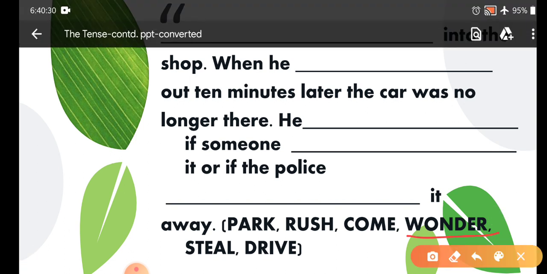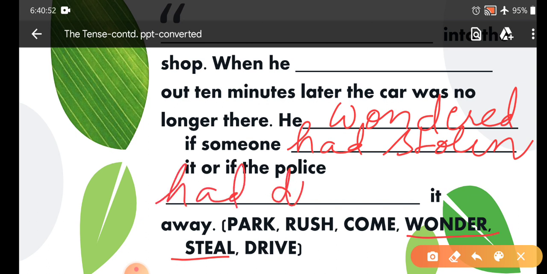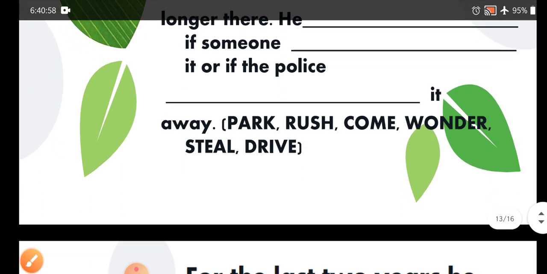Now we are going to use this. He wondered if someone had stolen it, or if the police had driven it away.